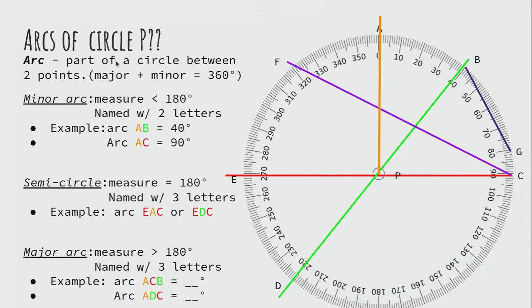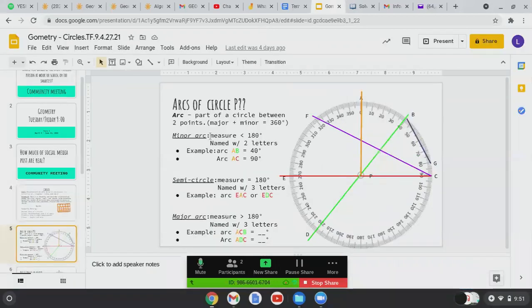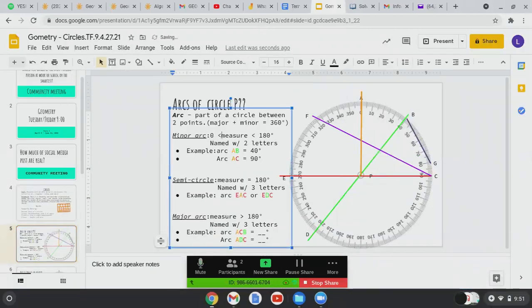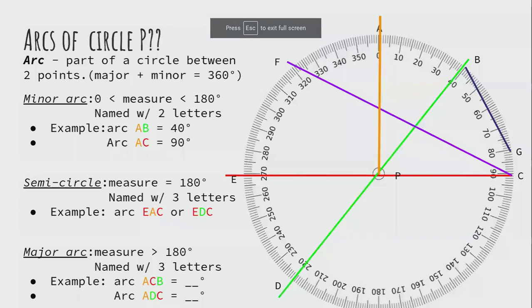That is the piece of the circle that is greater than 0 but less than 180 degrees, because if it's 0, is it an arc? No. So a minor arc has a measure greater than 0 but less than 180 degrees.